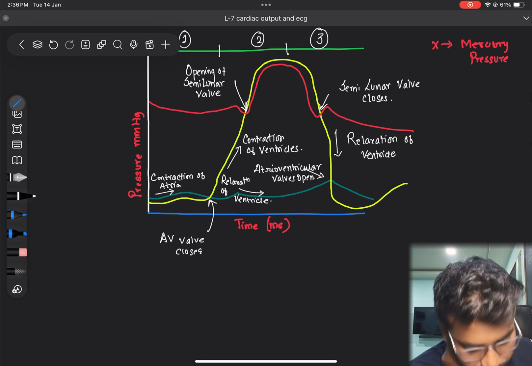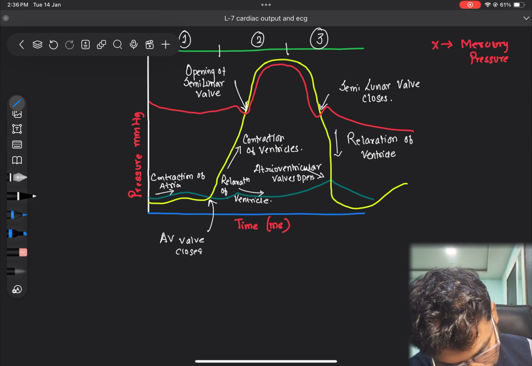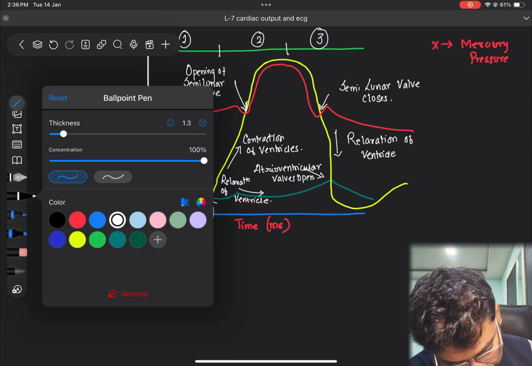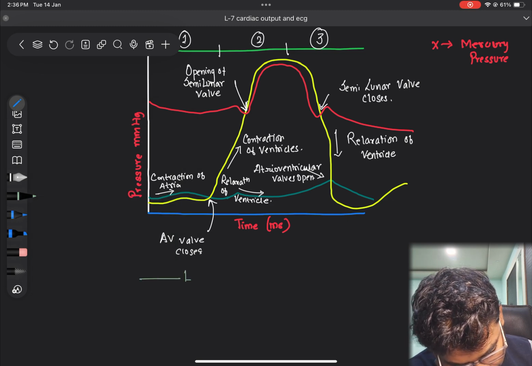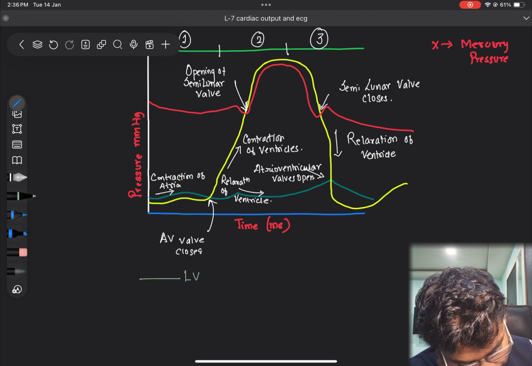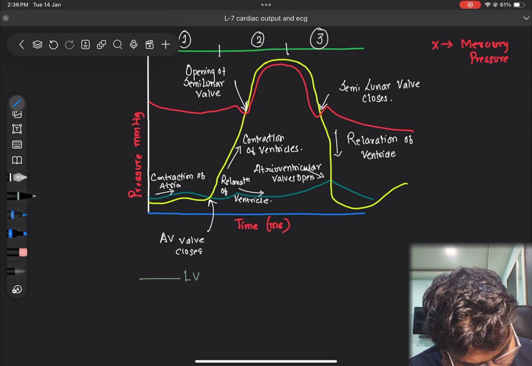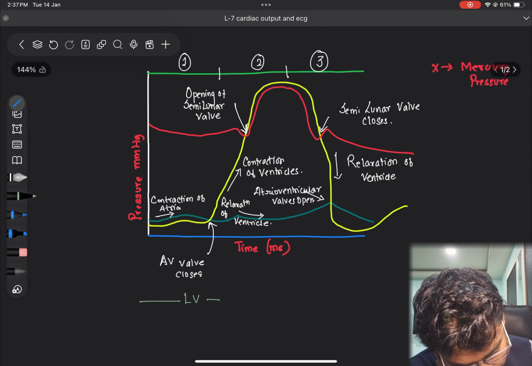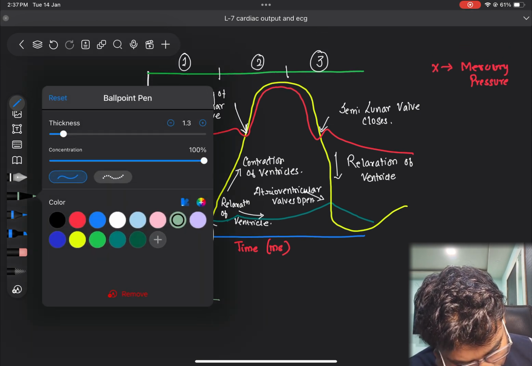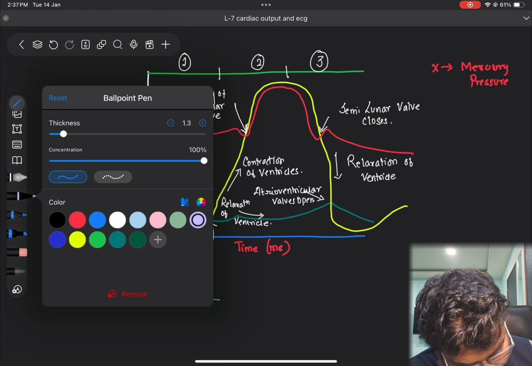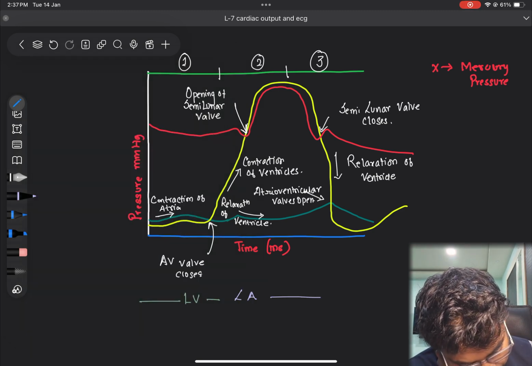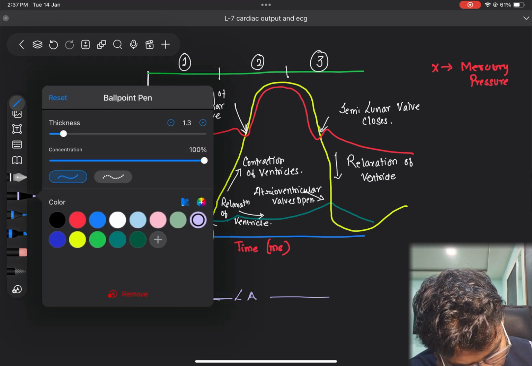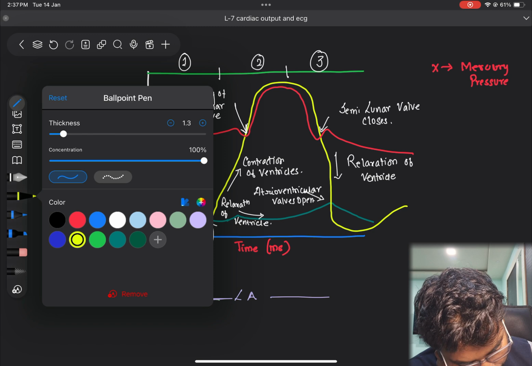So here you can write left ventricle. After that, phase 1 is left ventricle, phase 2 is left atrium, and phase 3 is aorta.